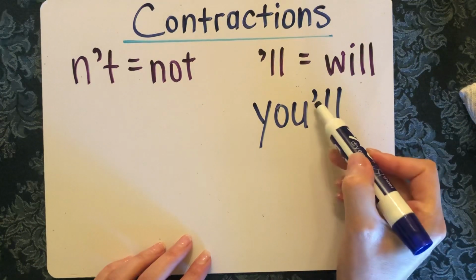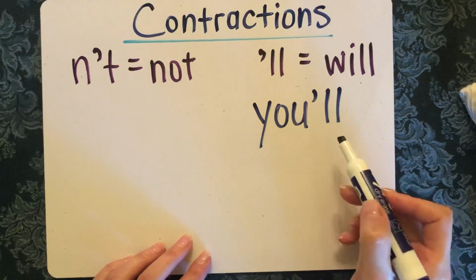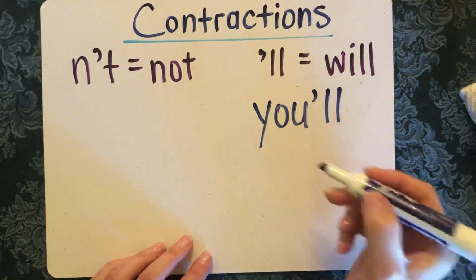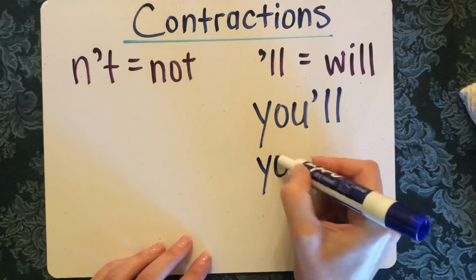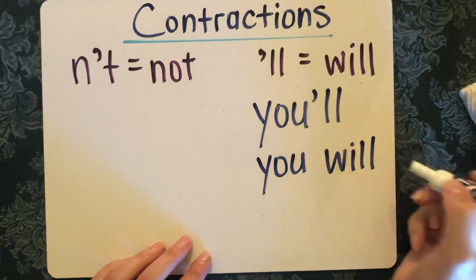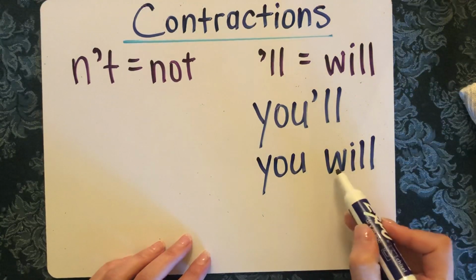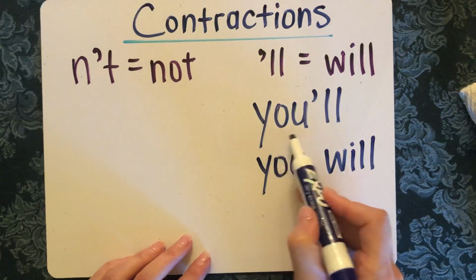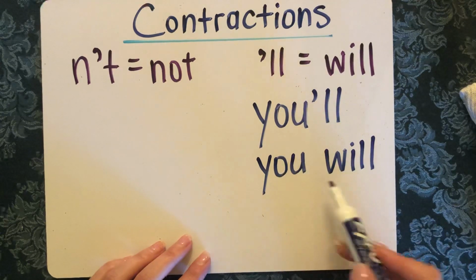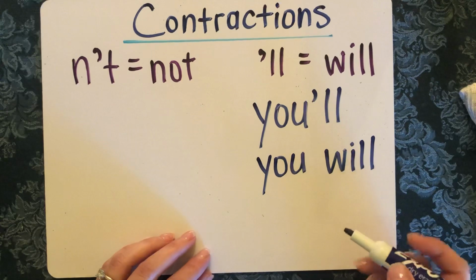Here we see the apostrophe LL. You'll is the short way of saying you will. Here, the apostrophe LL stands for will. So you'll is the short way of saying you will. Let's try another one.